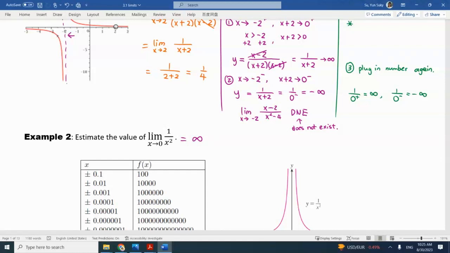So, x goes to a plus. The plus means x is going to a from the right, the positive side. You know, a number a is here. The right hand side is more positive. The left hand side is more negative. So this notation means x is going to a from the positive side, from the right.